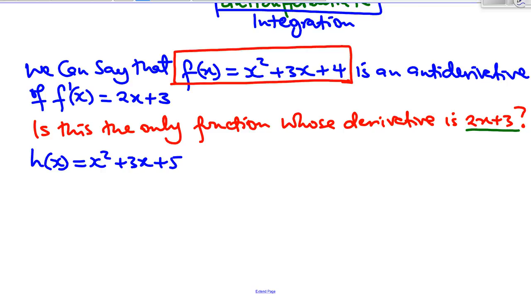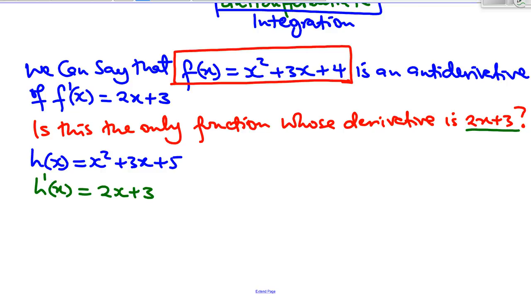Now, obviously, if we differentiate this, we'll end up with h dash x, which will be 2x plus 3. So h of x has the same derivative as the function that we had initially, which was x squared plus 3x plus 4, which means that h of x is an antiderivative of 2x plus 3.